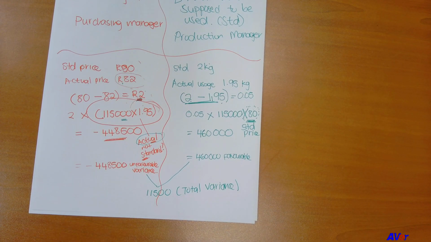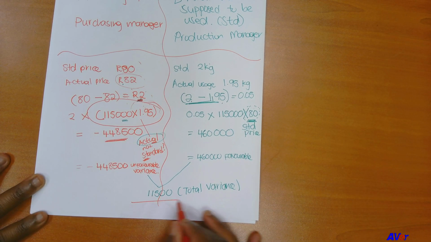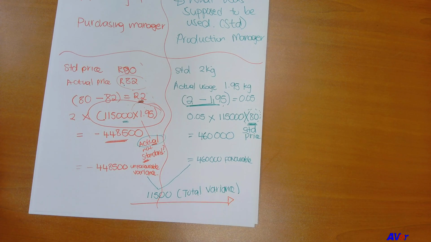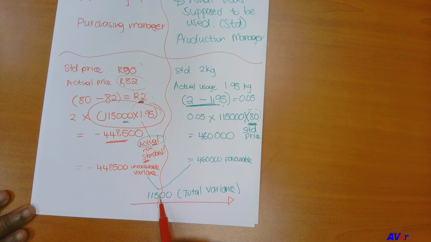Right? Now, if I ask you to calculate variances and you give me the total variance, meaning you just take the standard in total, subtract from that the actual for your material, and you give me 11,500. This is not telling me anything.